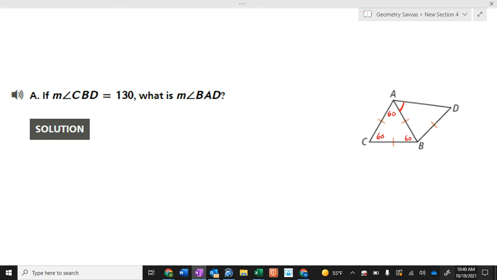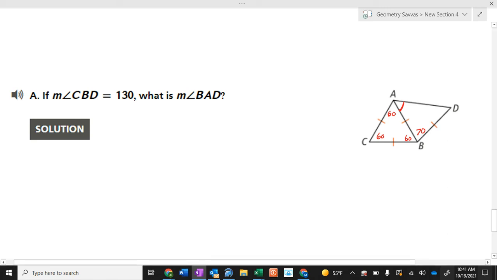What's ABD? How about 70? 60 and 70 make 130. CBD is 130. If this is already 60, this has to be 70 to make 130.